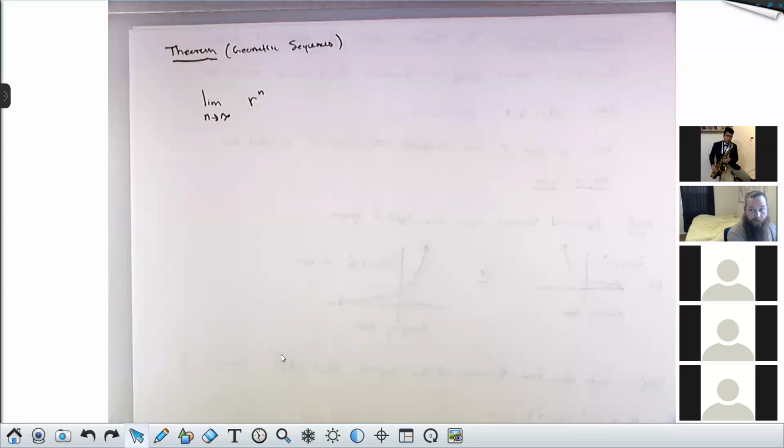So here's our theorem on geometric sequences. The limit as n goes to infinity of r to the n. See, I don't care about the constant a, right? A constant multiple isn't going to affect the limit.